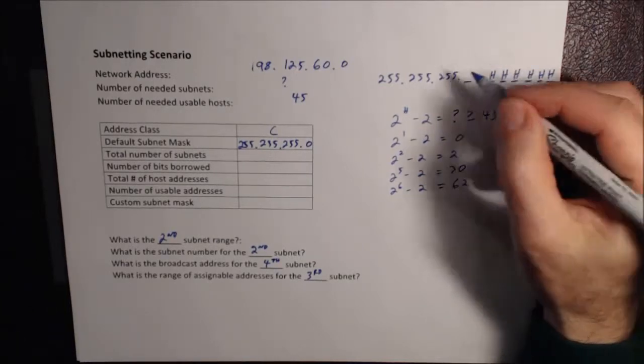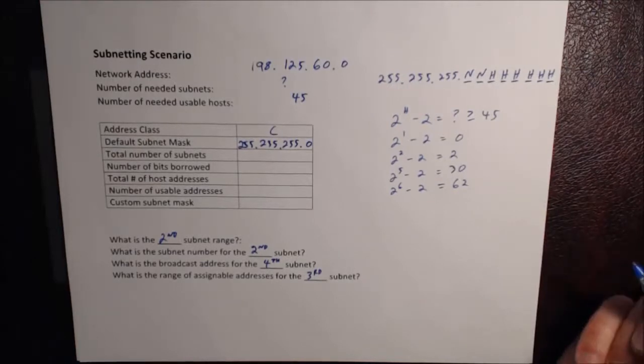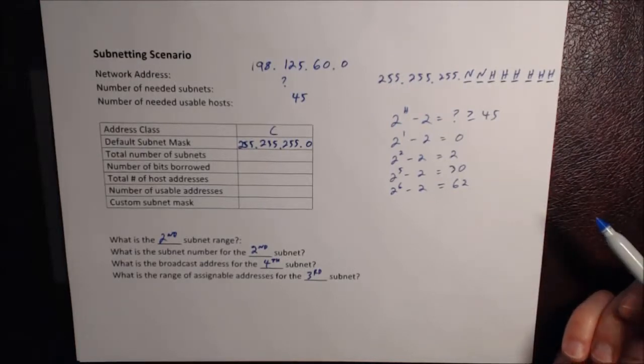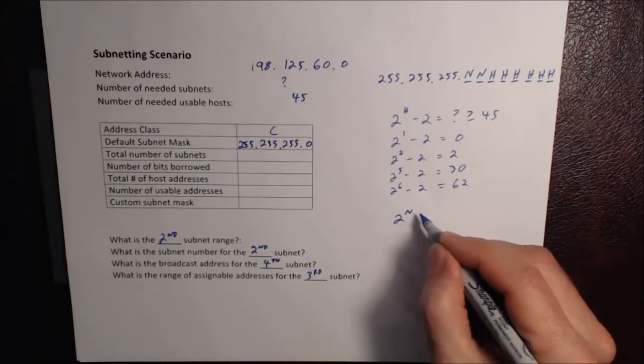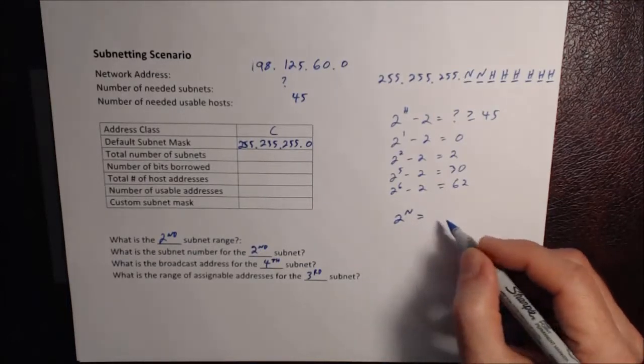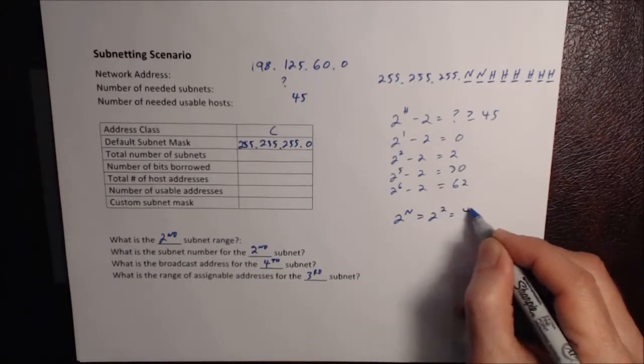If that's what we need for host bits, then we know that these other 2 bits must be network bits. So for the total number of subnets, we calculate that using 2 to the n equals our total number of subnets. So 2 to the n, which is 2 to the 2, is 4.